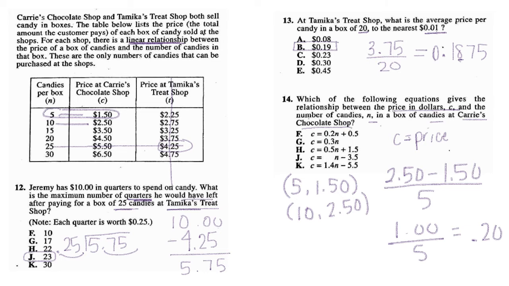That's how this is changing each time. That's how much we have per piece of candy, so to speak. Notice that N was the number of candies in the box, so all I have to do is look for what has 0.20 associated with N, and that's going to be answer choice F. We don't even have to finish that problem once we find that.